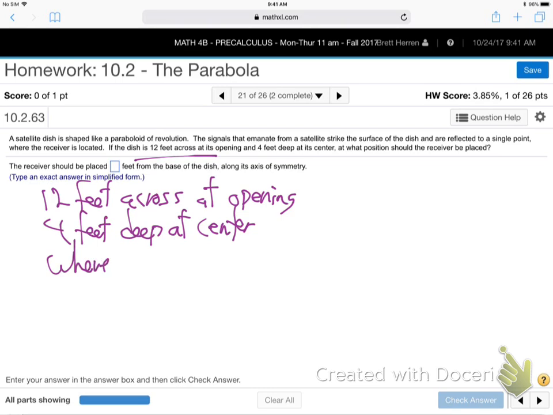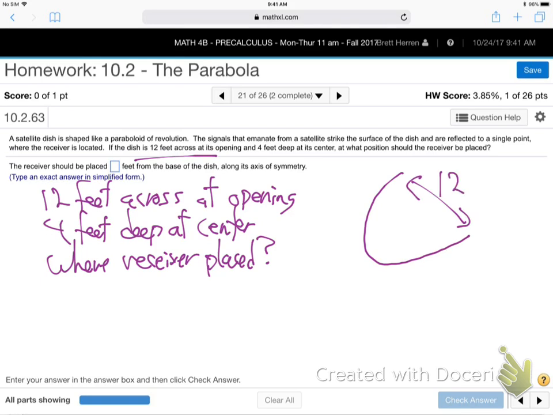Where is the receiver placed? This is exactly what an engineer would calculate. So now that we have this satellite dish, it's 12 feet across and 4 deep. Well, that's not a very accurate picture. I'm just not a very good drawer.